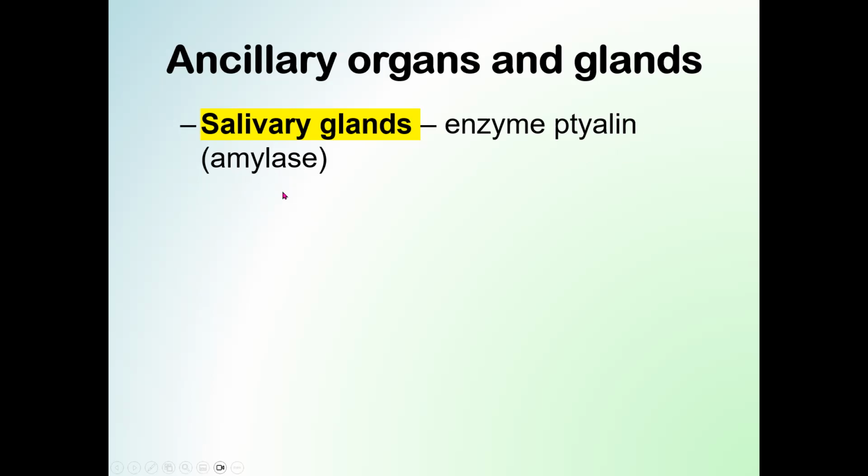You will see this right through the next hour and a half: the ASE on the end of a word means that it's an enzyme. It breaks things down. The amyl bit refers to carbohydrates. So when we eat carbs, starch for example, this amylase starts the breakdown, because starch is very big, made of thousands of molecules.